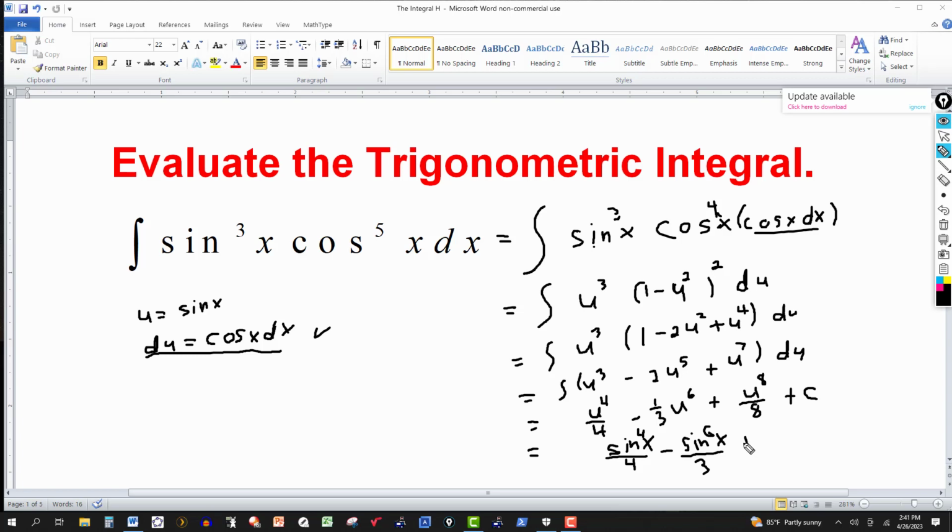Then the next one has u to the 8th, so that'll be sine to the 8th, and that's over 8. And then you have your constant of integration.